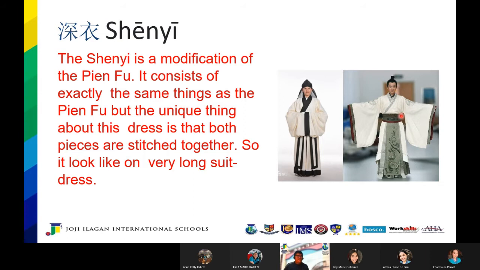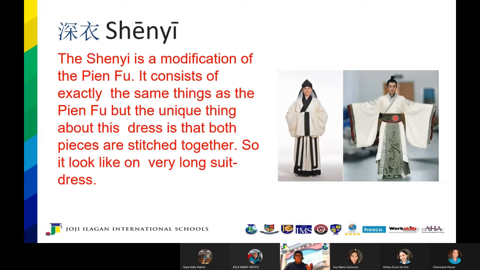The shani in China is more very elaborate with patterns. You rarely see patterns in kimono, no. So in the shani, you have these elaborate patterns like in the belt side and on your underside. Again, this is also worn only during weddings, very formal occasions.